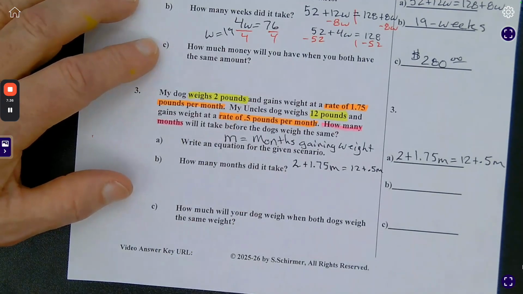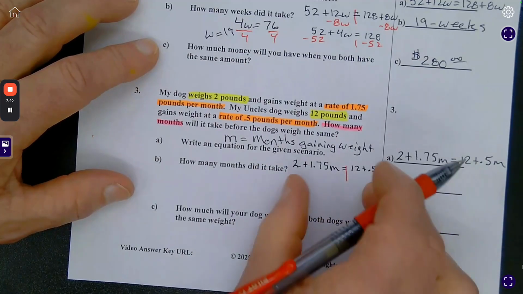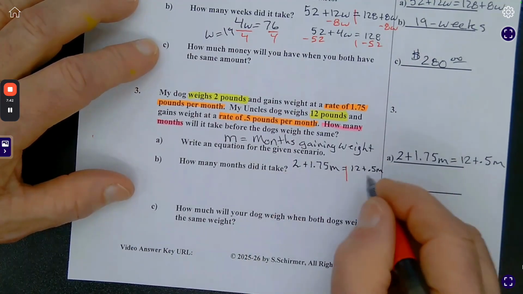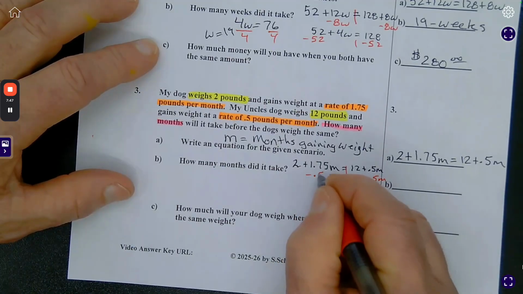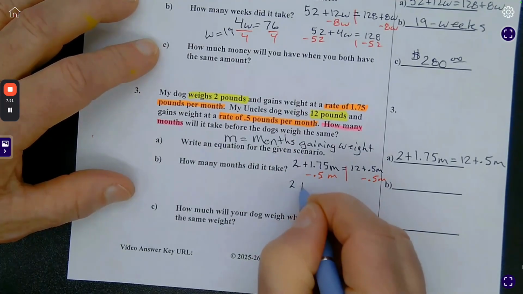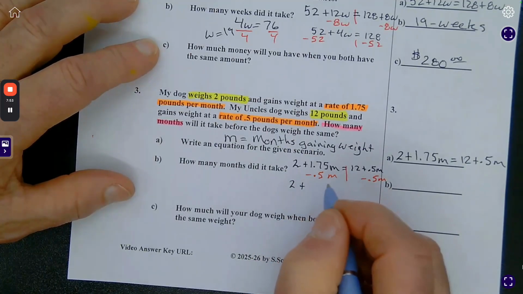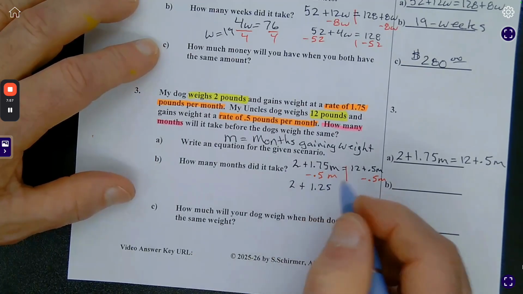Let's solve it. All right, inverse operations, because again, there's no simplifying, so I can't distribute or combine like terms. Minus 0.5M, minus 0.5M. Simplify that. 2 plus 1.75 minus 0.5 is 1.25, that's like $1.75 minus 50 cents, equals 12.